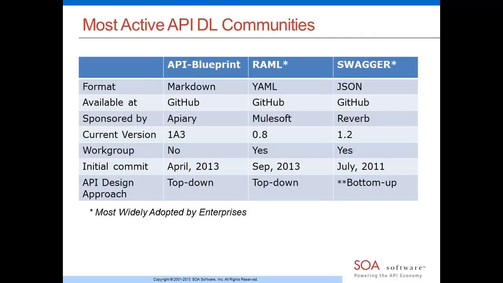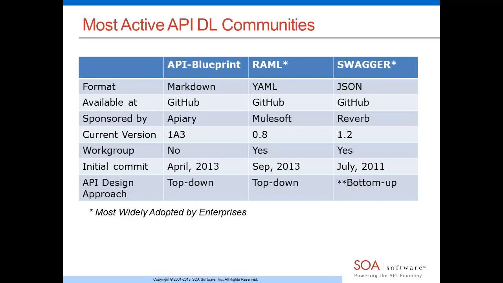And of those three, I'm going to narrow it down for the rest of the presentation to focus on RAML and Swagger, because when I queried the folks at a meetup a few weeks ago about what they're using, it's RAML and Swagger. I would say it's about one third RAML, two thirds Swagger at this time.